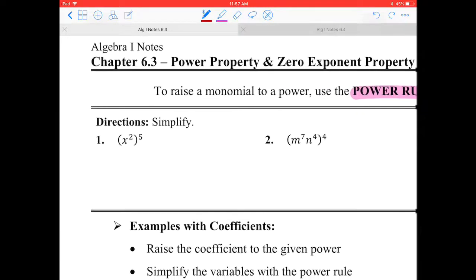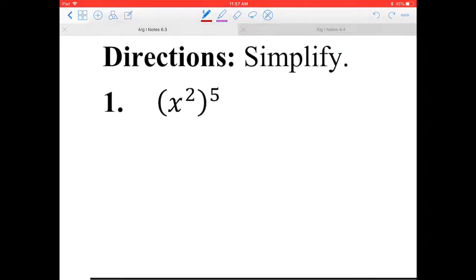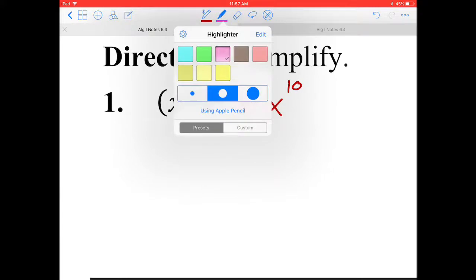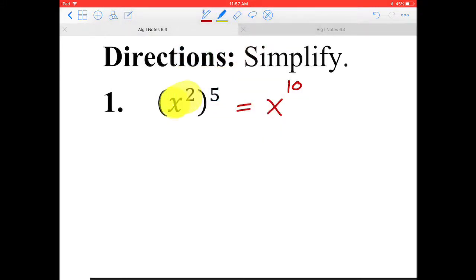So, number one, if you follow the property or the rule that I just gave you, this is going to be x to the 10th power because we would be multiplying these exponents. But I also kind of want you to understand why it's x to the 10th power. So what I need you to notice is that inside the parentheses, we have x squared. X squared is basically two x's, x times x, right?